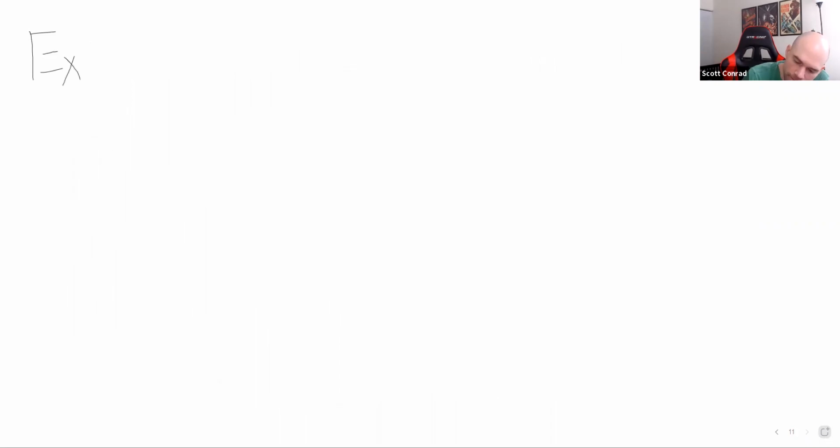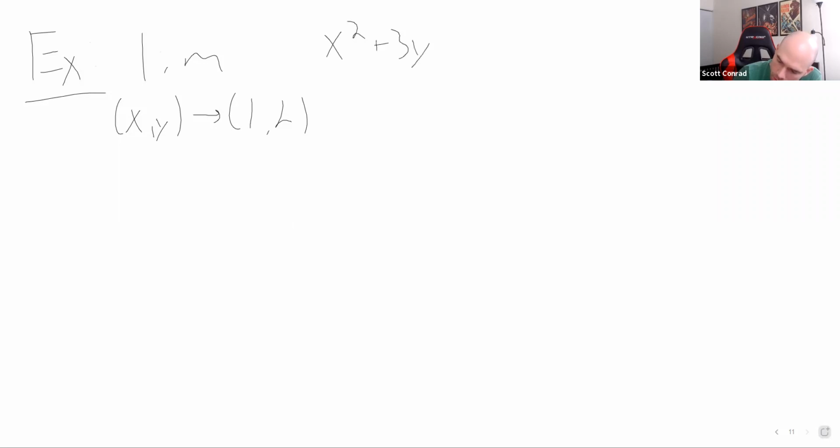Okay, so why is this helpful? Well, suppose we want to take the limit as xy approaches 0, 1 of x squared plus 3y squared minus xy over x squared plus y squared.